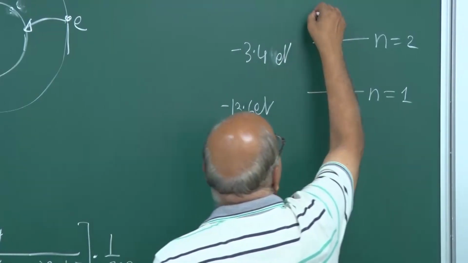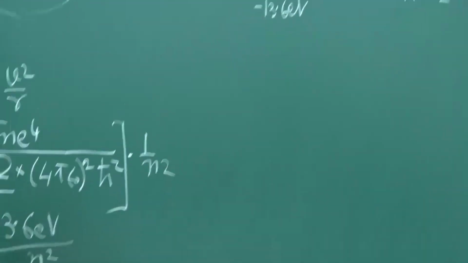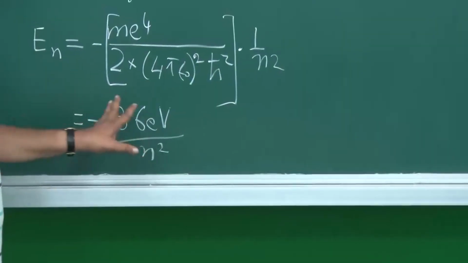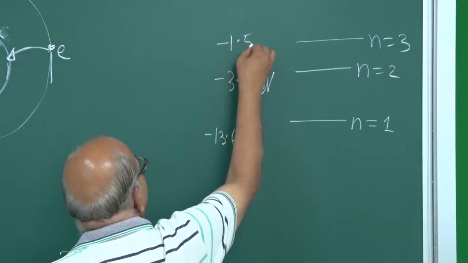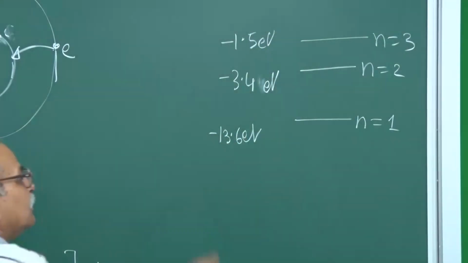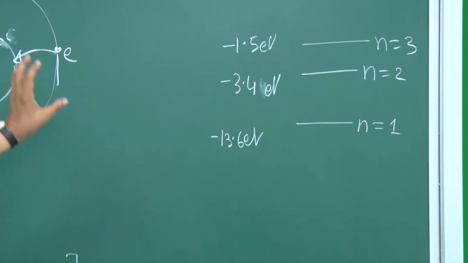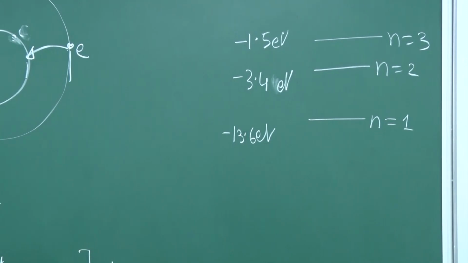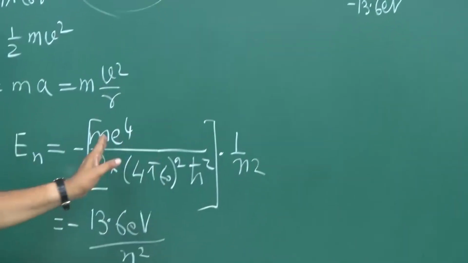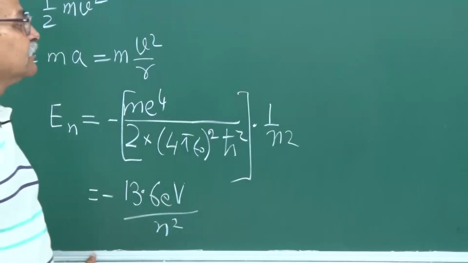For n equal to 3 it will be this divided by 9, so it is something like minus 1.5 eV. These numbers which I am giving are not very accurate up to 3, 4, 5 significant digits. I am giving you the broad values, but this is the right expression, and you put in the values and get the exact energies from here.